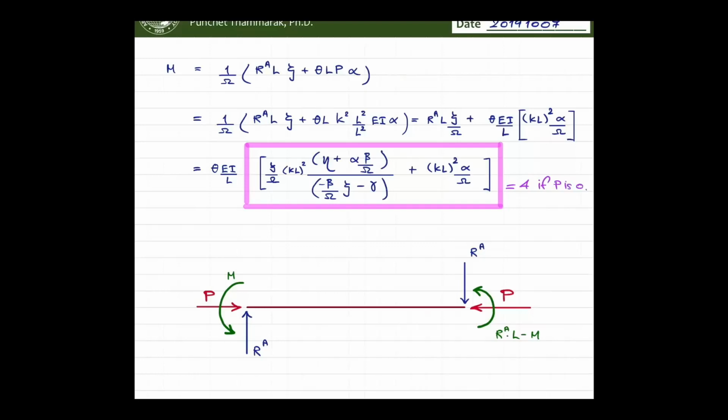Right? 4EI over L times theta. That's what we're supposed to get.